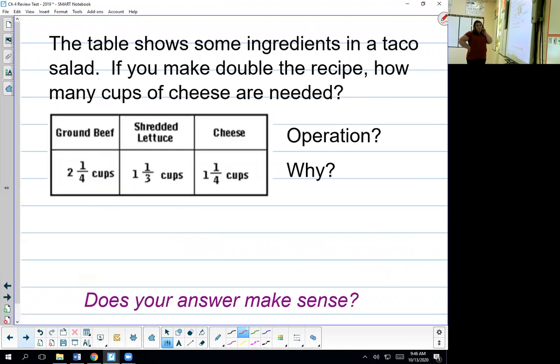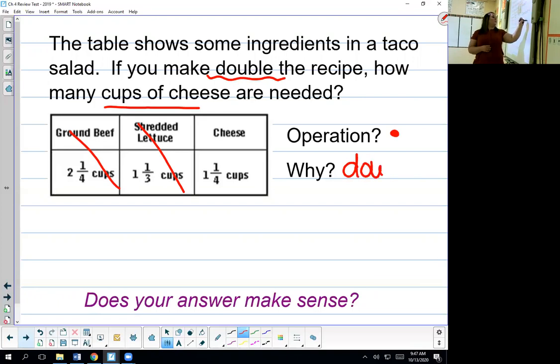So how do we know what kind of problem we're involving here? Does your answer even make any sense? So this table shows some ingredients of the taco salad. If you make double the recipe, how many cups of cheese is needed? So we just need to look at the cheese, so not this and not this. Double indicates that we are going to multiply.